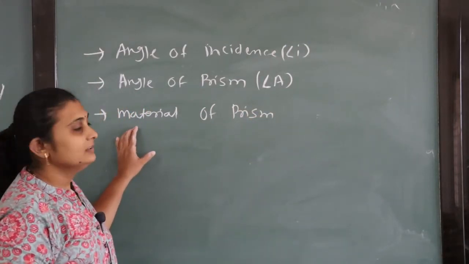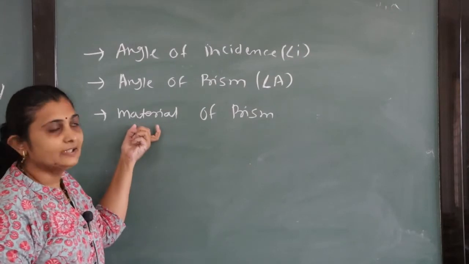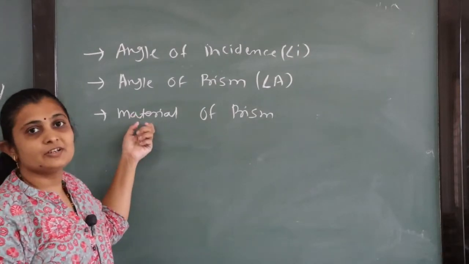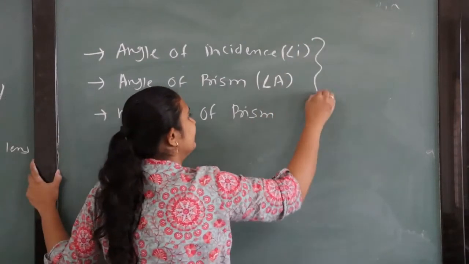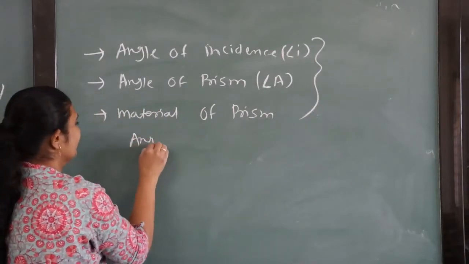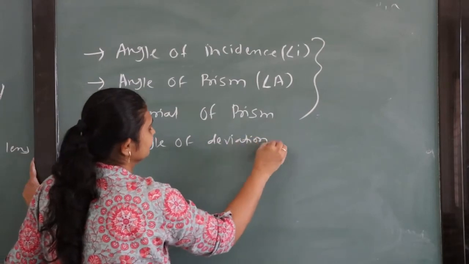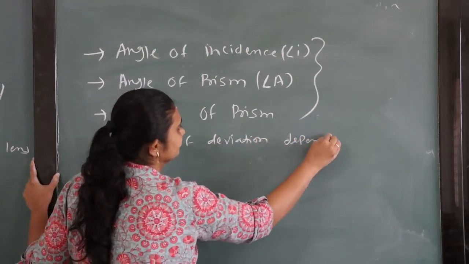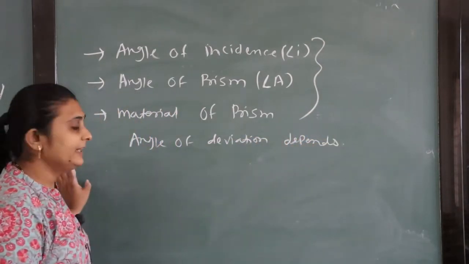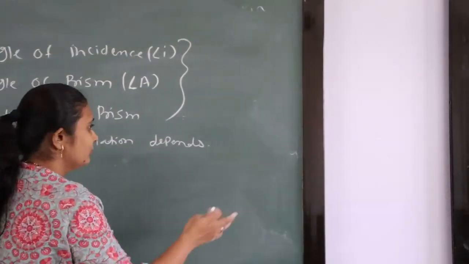The material from which the prism is made, on that material the angle of deviation depends, on these three things. Okay. Now we take a look at that diagram.